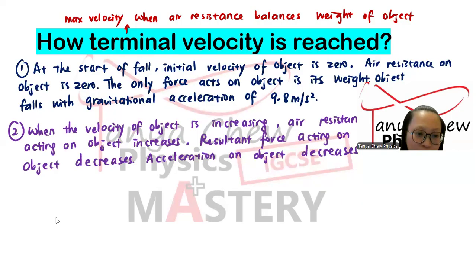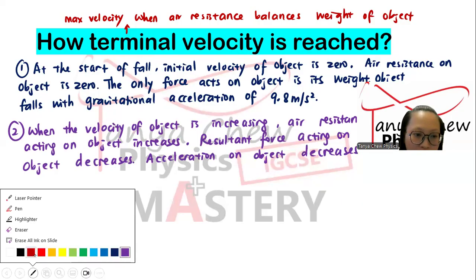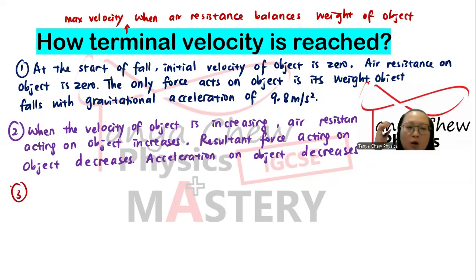The last stage. Okay, last stage. When the velocity of the object is maximum, air resistance increases to a magnitude equal to the weight of the object, because the air resistance is going to increase until it can balance the weight.